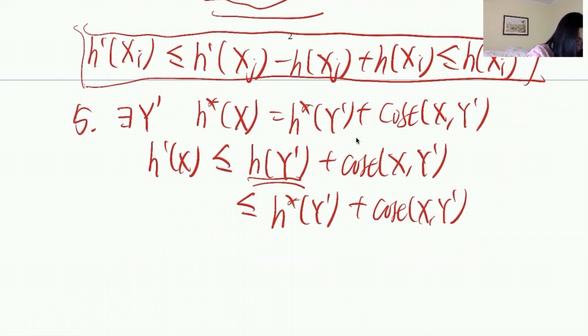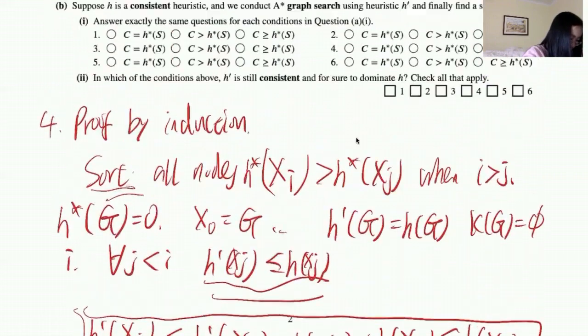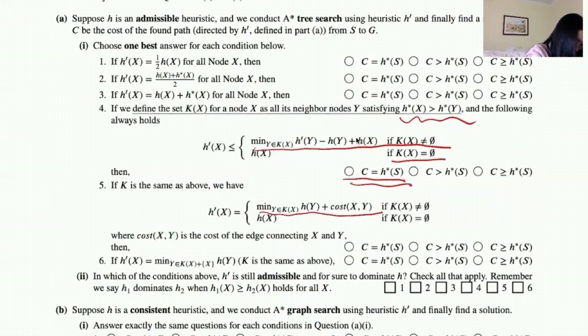Because we already say that it is the optimal path, it means that h prime is not greater than h star, which means that in the case of condition 5, still we know that h prime is an admissible heuristic.